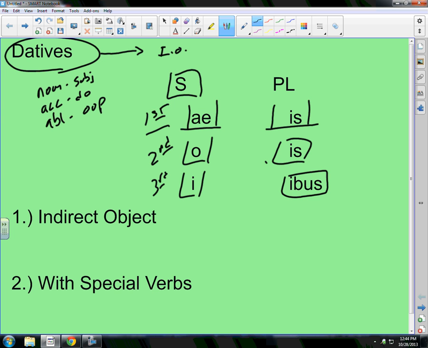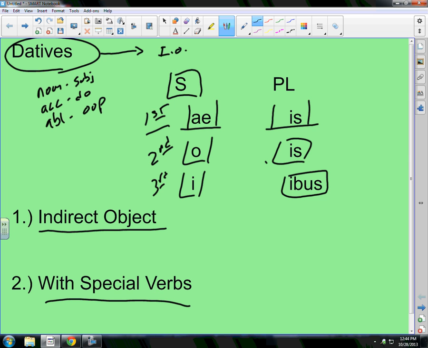Now, the two uses that we've had with the dative in this chapter are indirect object and special verbs. Indirect object is the object that receives part of the action through the direct object.